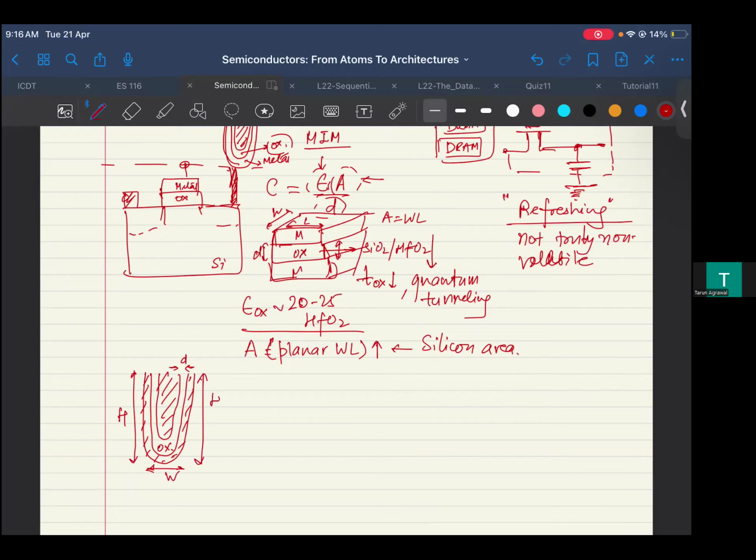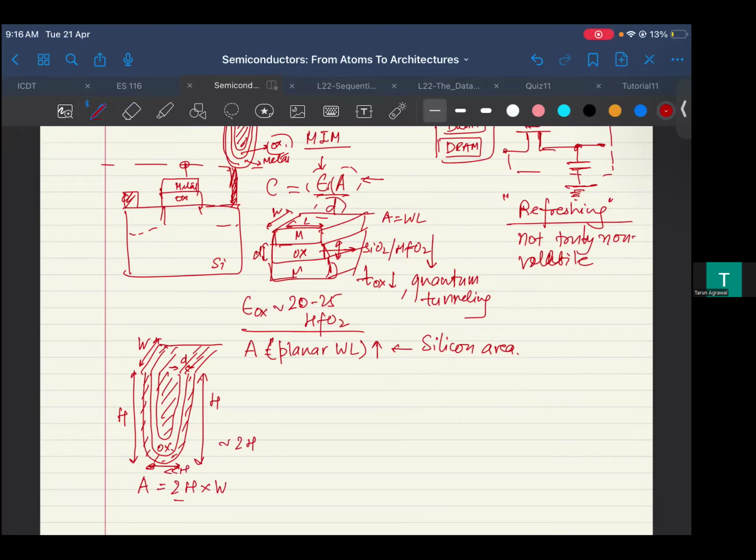So 2h plus W is your length, and then you are repeating in this direction, which is, let's call it width, right? So this is nearly 2h, the length. But now, because of the trench, the area becomes nearly 2h, because whatever this is is very small compared to h. So 2h into W, right?